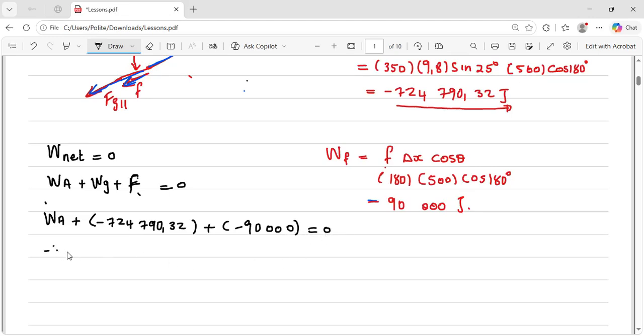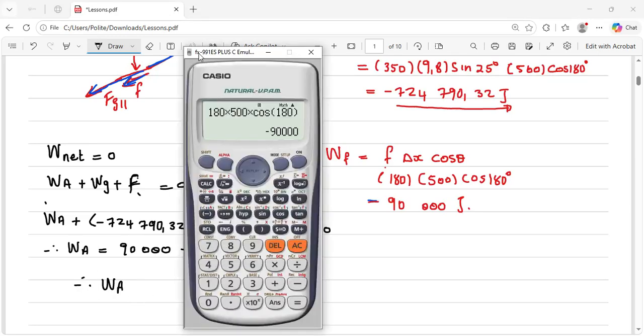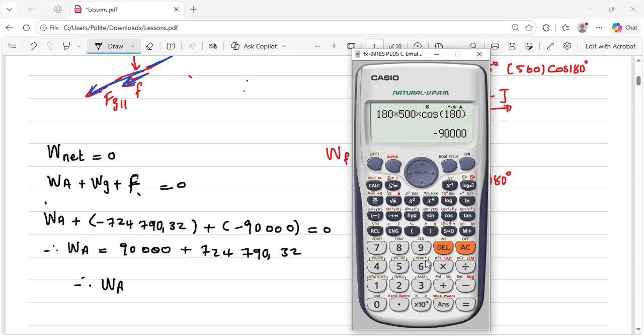Therefore, if I make the work done by the applied force the subject of the formula, we'll take the 90,000 and add it with the 724,790.32. The answer that we get is the work done by the applied force. Let me quickly see what we get if we add the 2.